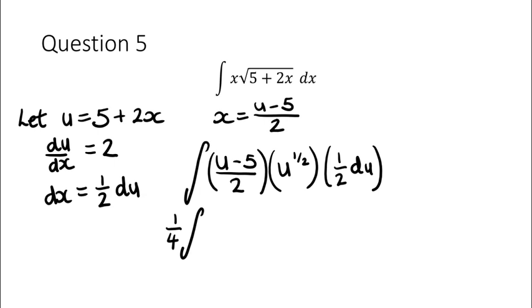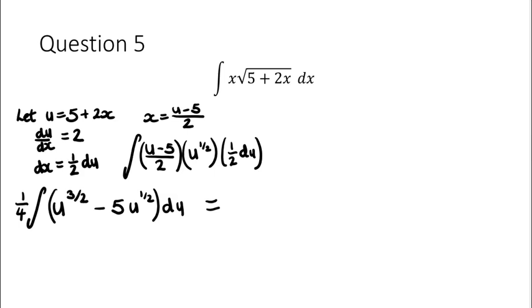I've got another half in the third bracket. So half times a half is a quarter. I'm just going to move that on the outside of this integral here. And then I'm going to do u times u to the power of a half, and then minus 5 times that u to the power of a half. And I'm integrating that with respect to u.